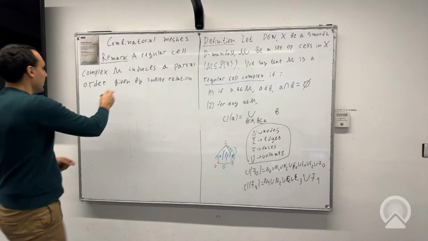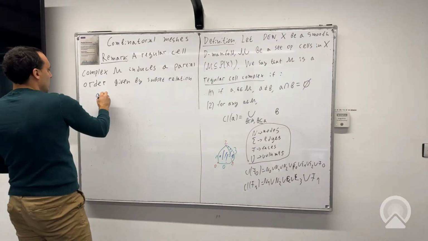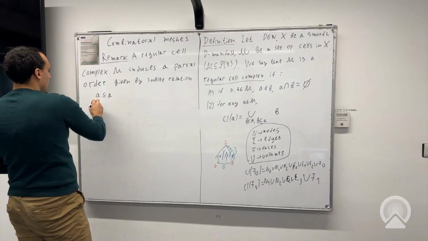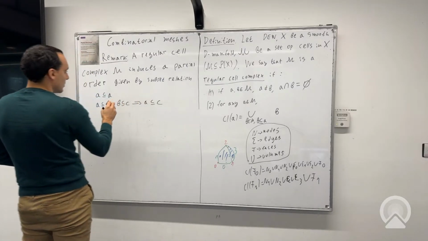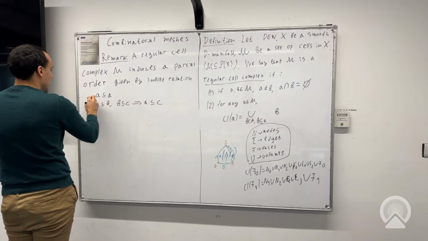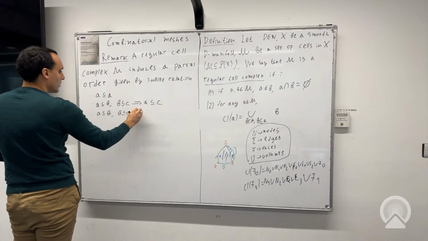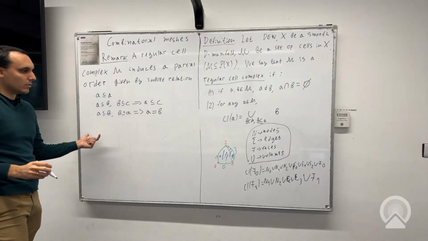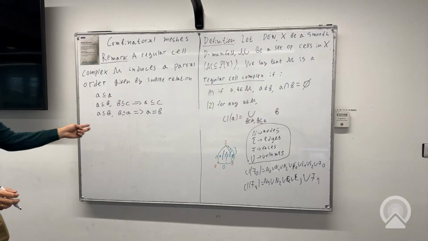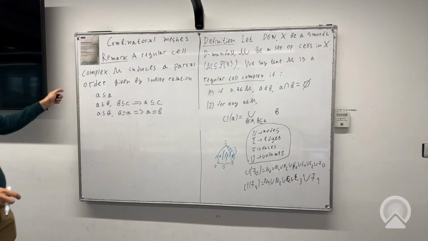So what's a partial order? If A is included in B and B is included in C, then A is included in C. And if A is included in B and B is included in A, then A equals B. So if a cell is a subset of another and the other is a subset of the first, they're equal. These are the axioms for a partial order.